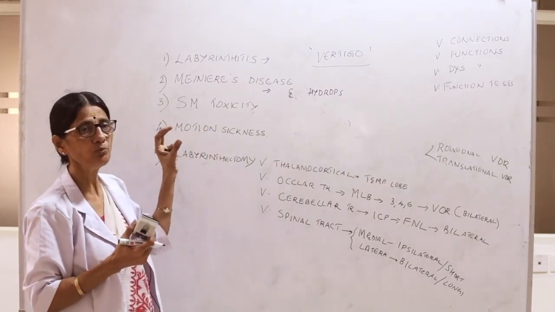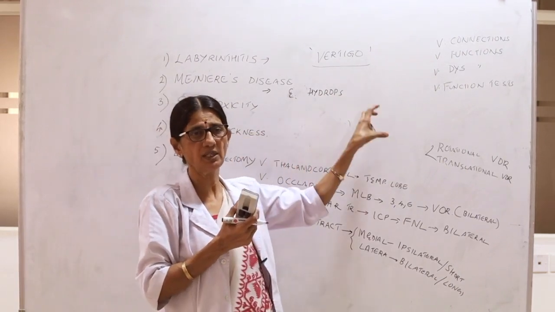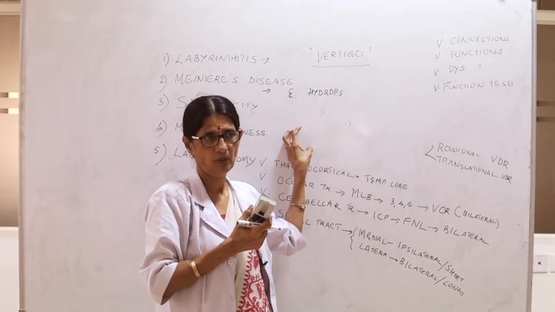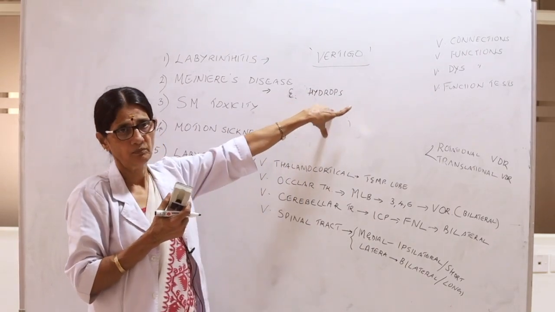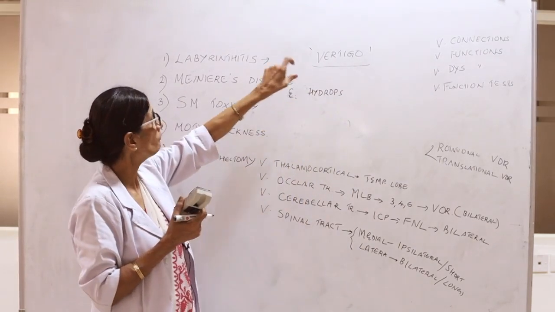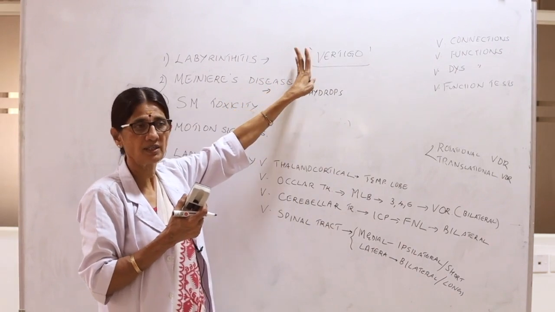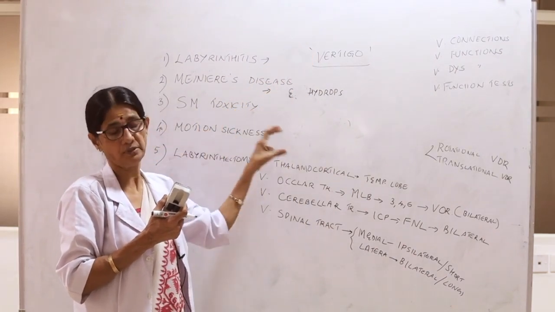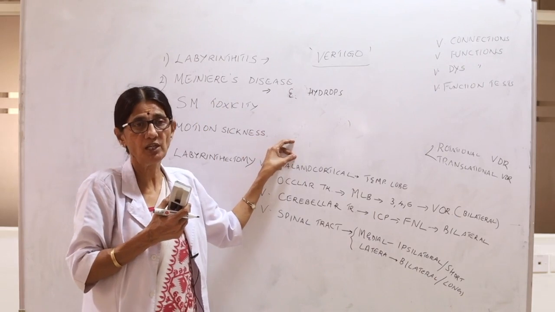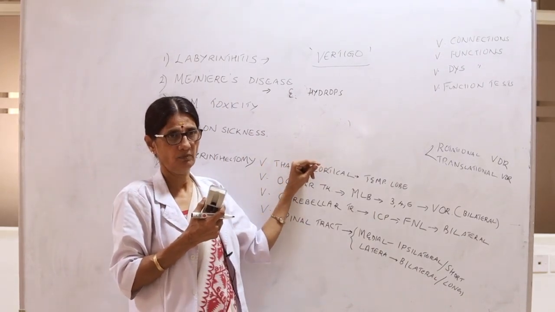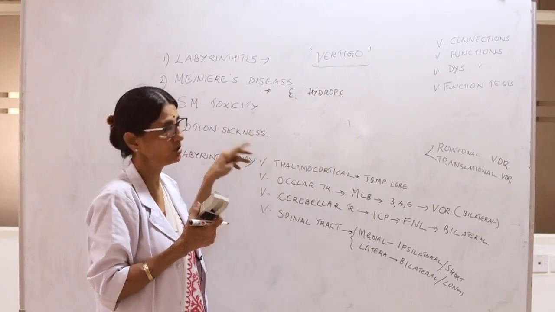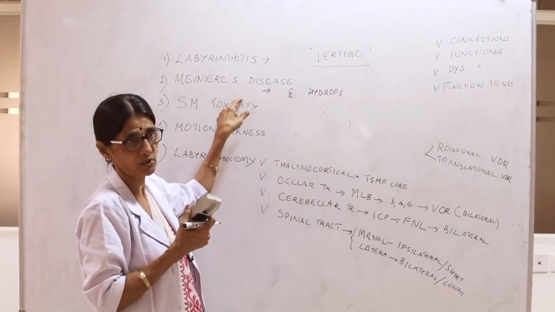Tubes are sometimes kept inside for correction. Here, in spite of the vertigo, dizziness and vomiting, there is a progressive deafness; the person becomes insensitive to low frequency sounds and goes on to deafness. That is a symptom especially for Meniere's disease.